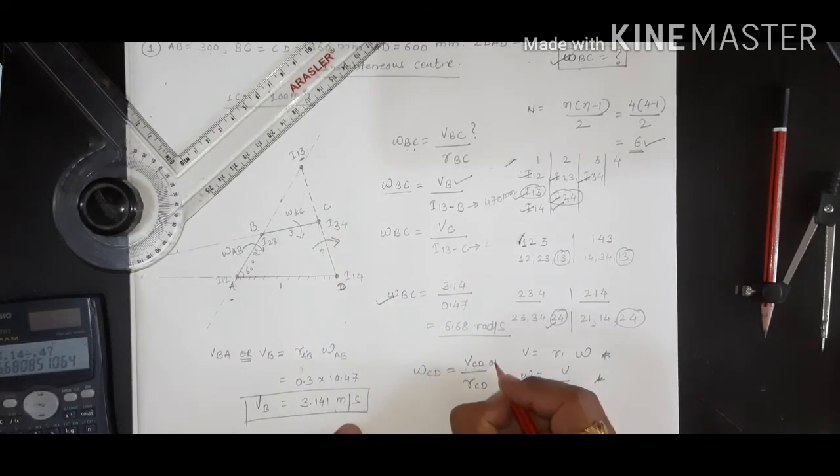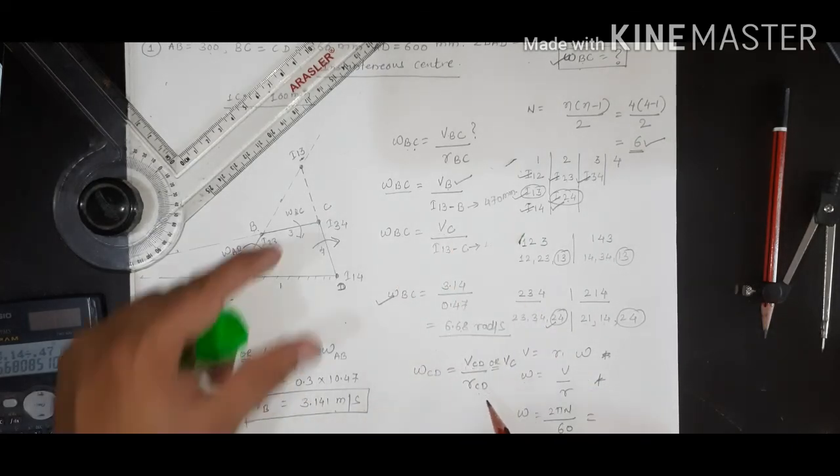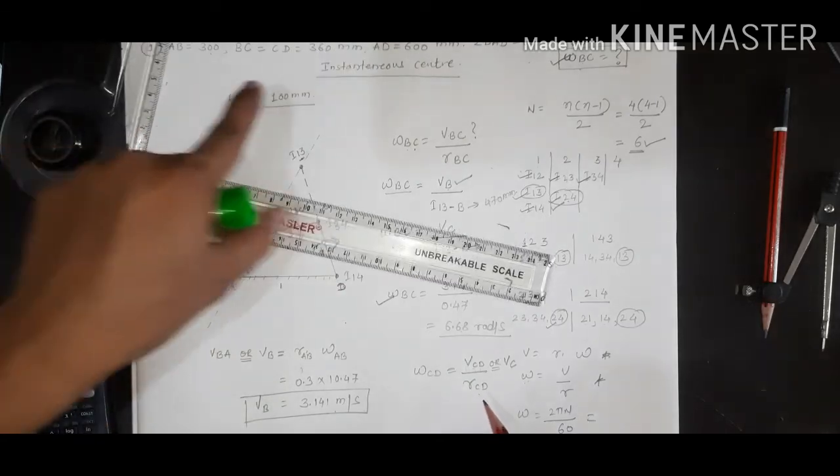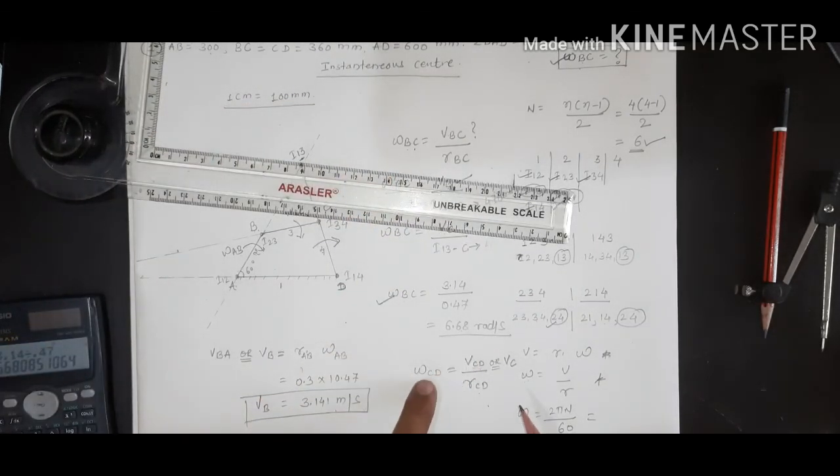So you can say either velocity of CD or VC. You know VC now, put down this value. You know RCD, the distance is given, it is 360 mm, so 0.36. So you can get omega CD.